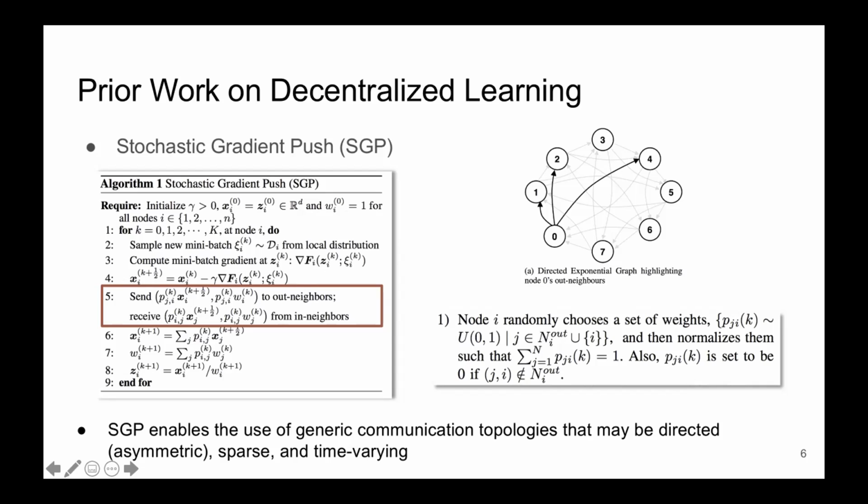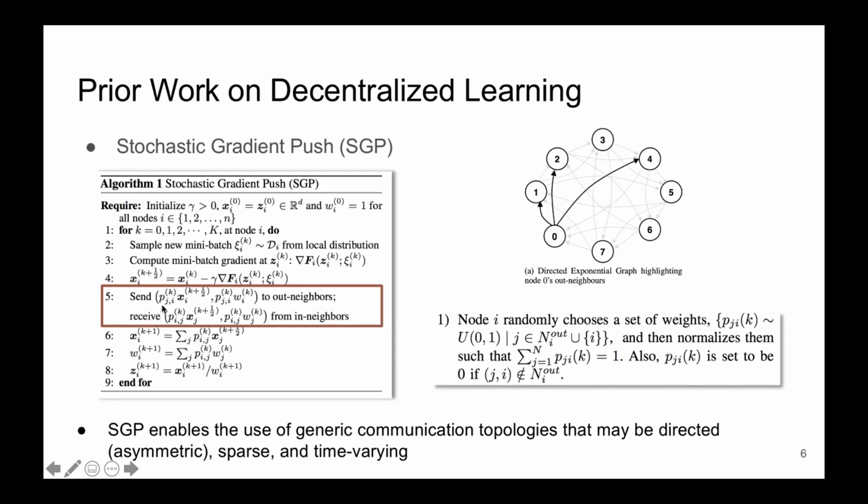This is the push-sum process here. They randomly pick weights from a uniform distribution and normalize them so that p_ii equals 1, and p_ij equals 0 if node j is not a neighbor of node i.